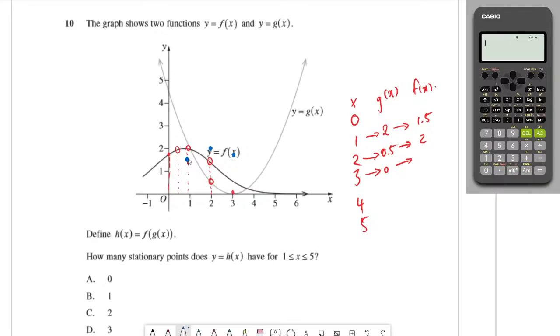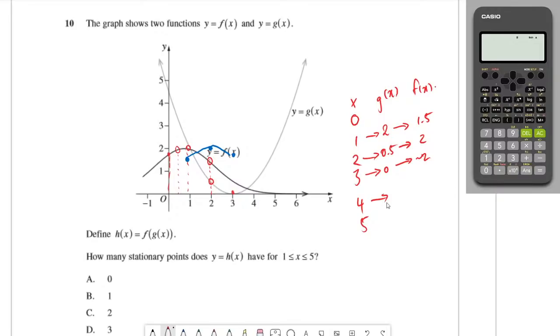We can already see that it goes up and then back down, so there must be a stationary point. For it to go up and then go back down, it must stop at that point, unless it's not a function. But we know they're both functions, so it's roughly 2.